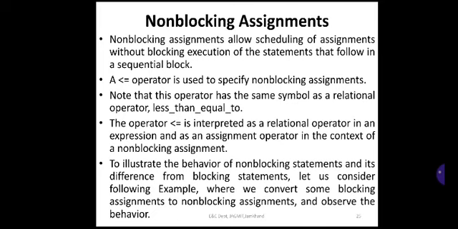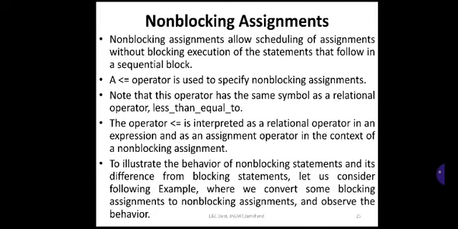So here the operator used for the non-blocking assignment is less than or equal to. Together, this is the non-blocking assignment operator. Remember, less than or equal to here does not perform the relational operation that we discussed in the previous module on data flow modeling.